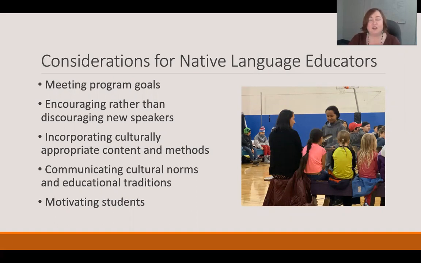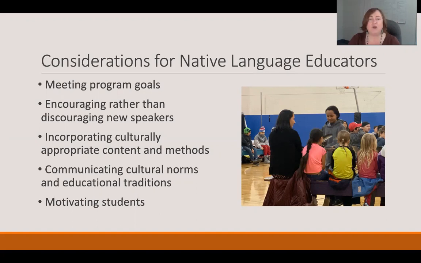But having realistic goals is really important. You may be able to get your learners to the point where they can use the language symbolically, recognize greetings, and engage in culturally appropriate communicative practice, even if they aren't doing it with complete fluency.